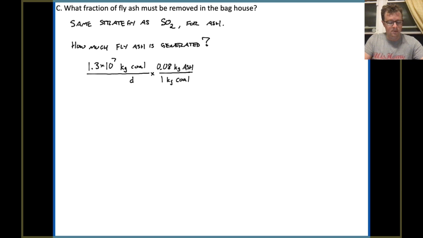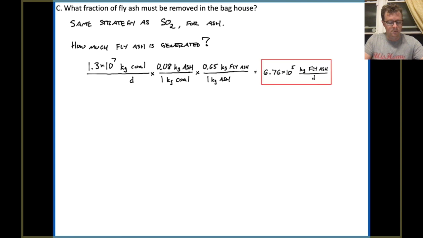We know 1 kilogram of coal is going to generate about 0.08 kilograms of ash. We were told it was 8% ash. And we're told that 65% of that ash is in the form of fly ash. So 1 kilogram of ash is 0.65 kilograms of fly ash, or that fine particulate matter. So on a daily basis we're generating about 6.76 times 10 to the 5th kilograms of fly ash.